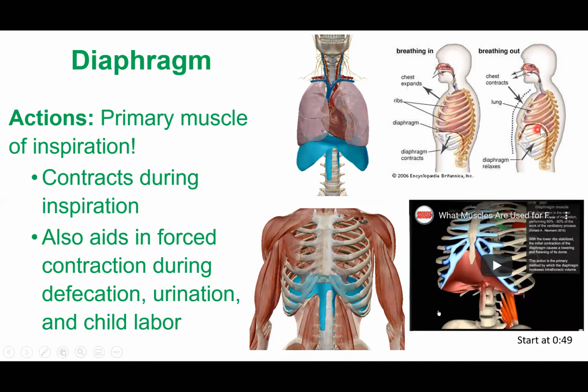So you can imagine, think child labor, for example, whenever the patient is told to push, the diaphragm contracts, and that actually causes the diaphragm to move inferiorly, which then would push down on all the abdominal organs, thus pushing down on the baby as well for delivery. Okay, so we're just going to watch just a short part of this video.